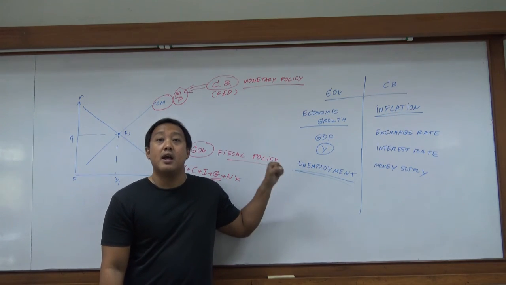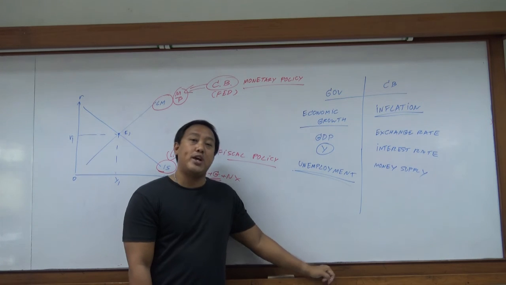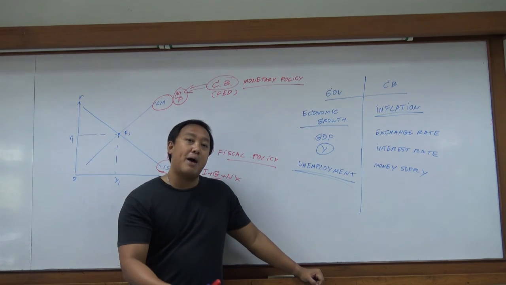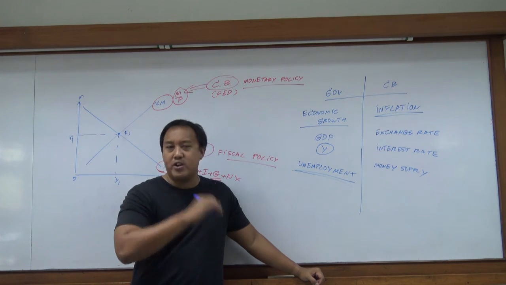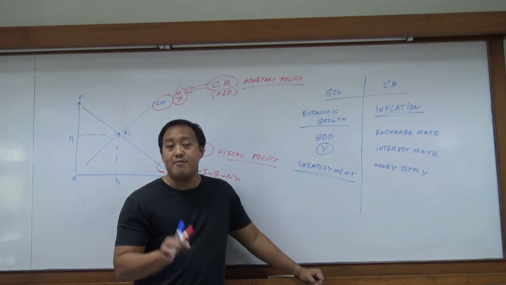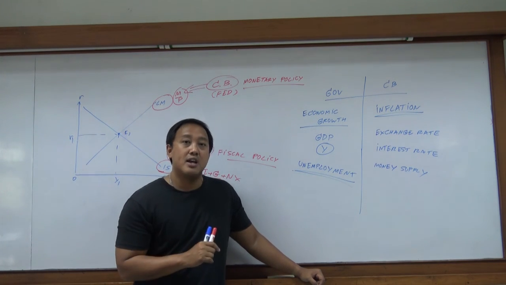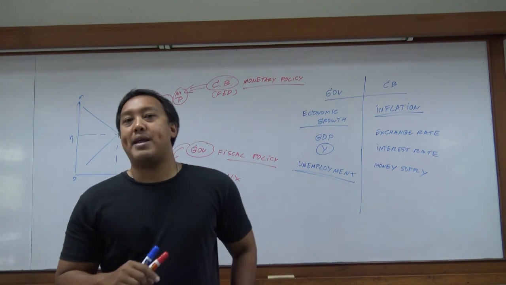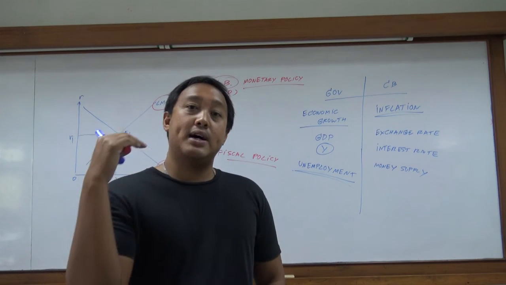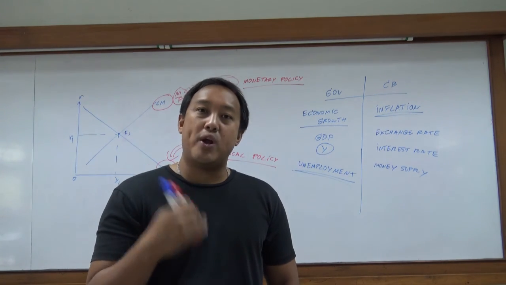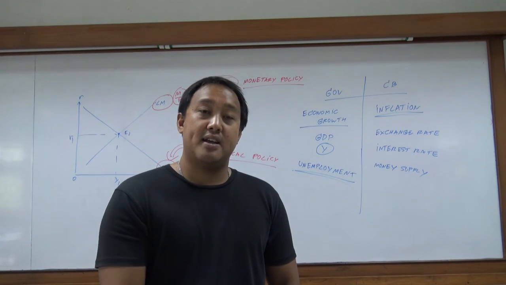For most countries, the government comes from an election, and the government will stay in power mostly 4 years. Some countries maybe 5. Most countries will be 4 years. So in the real world, the governments of many countries tend to overspend.